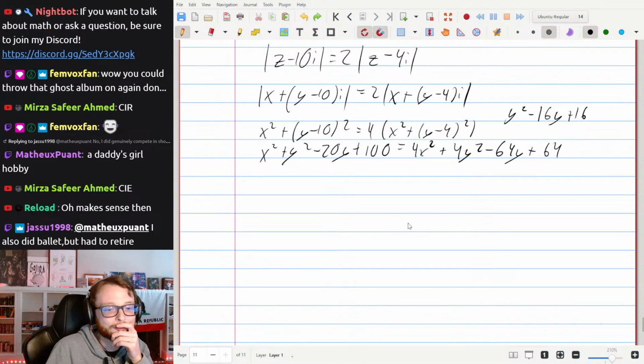Now I want to go back to doing this and find what the radius is. I assume that has to be an error. There's no way it's gonna be randomly 5.